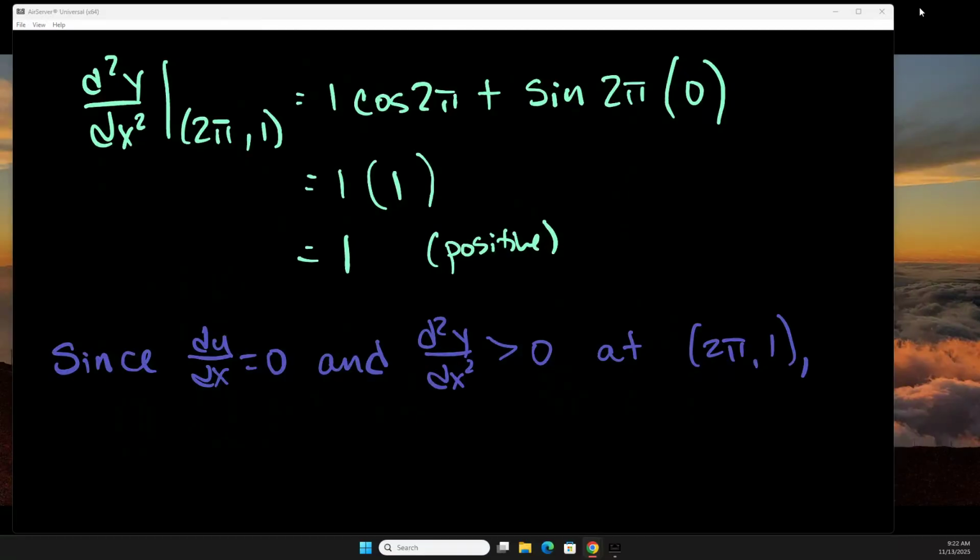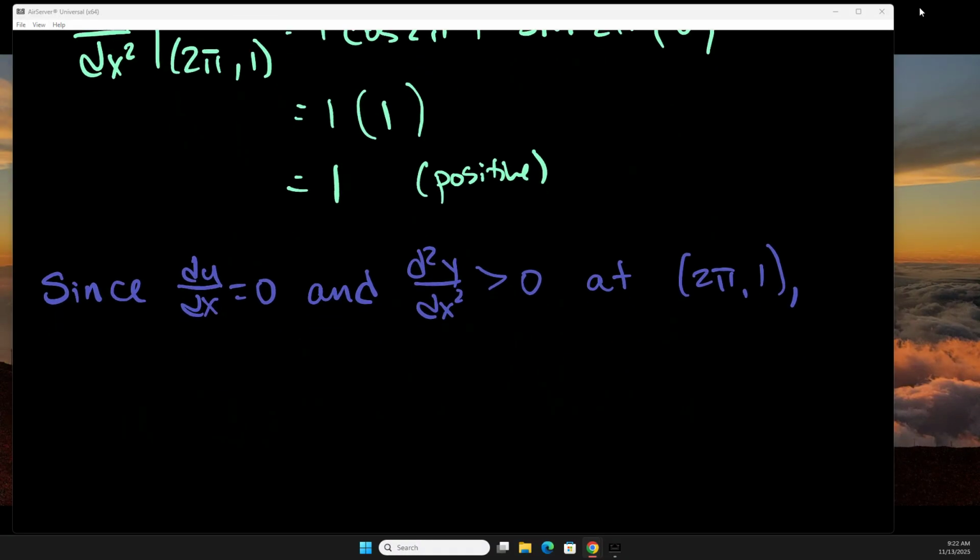Now if this was a free response question, they want you to mention the second derivative test. I don't know for sure if you get the point with or without it, but definitely you'll get it with it.